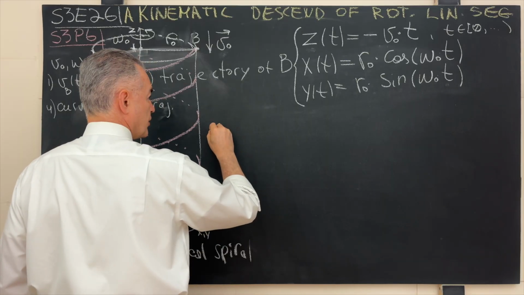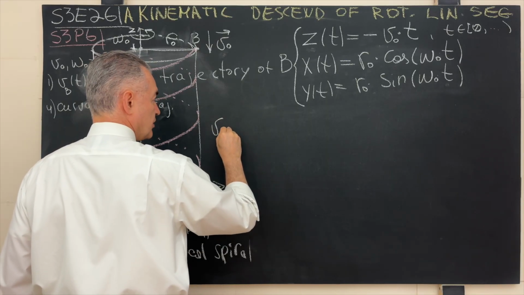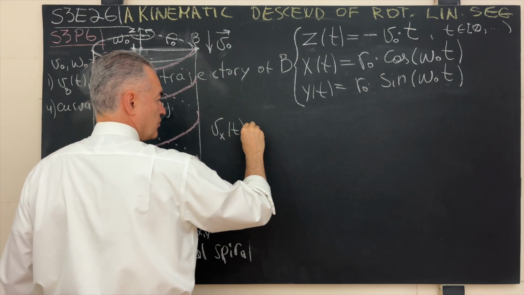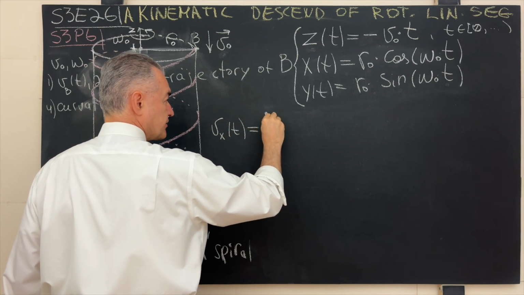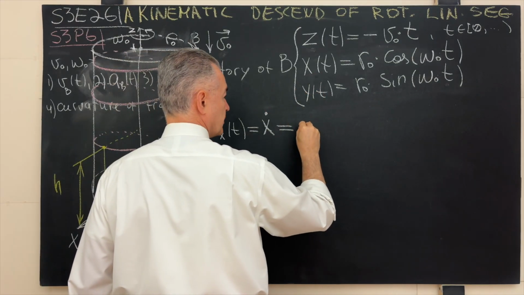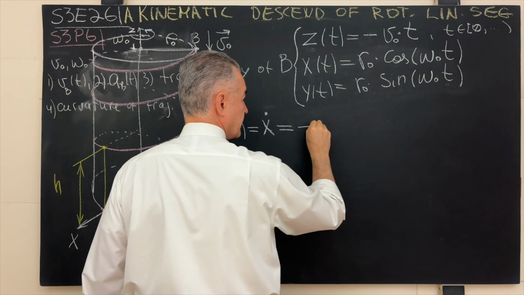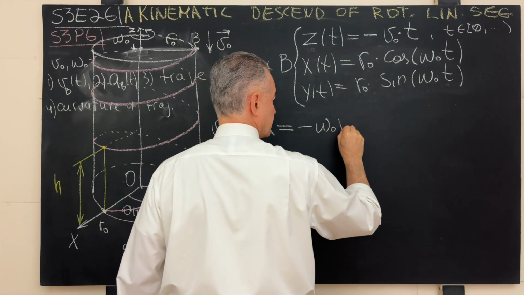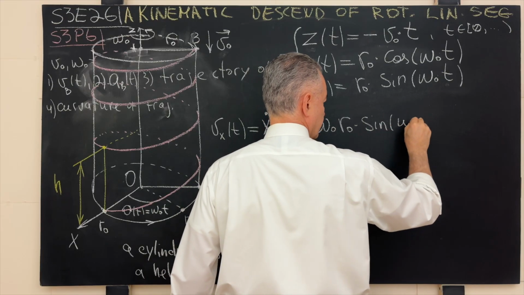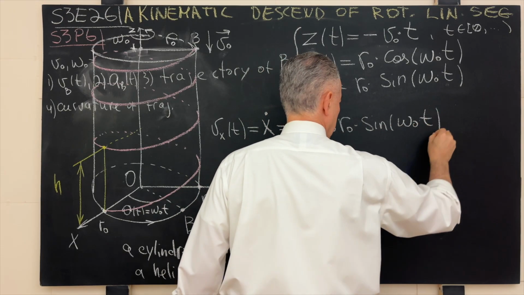So for the x component of the velocity of the point B as a function of time, we simply differentiate the x coordinate over time once, and we obtain minus omega 0 r 0 times sine of omega 0 t.